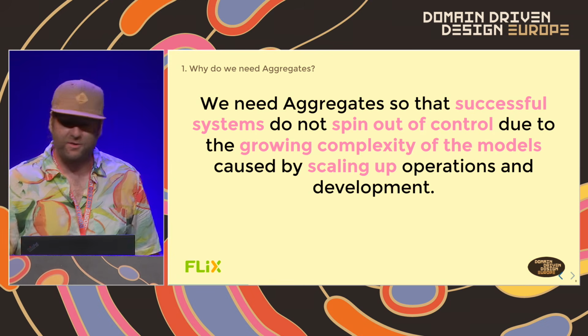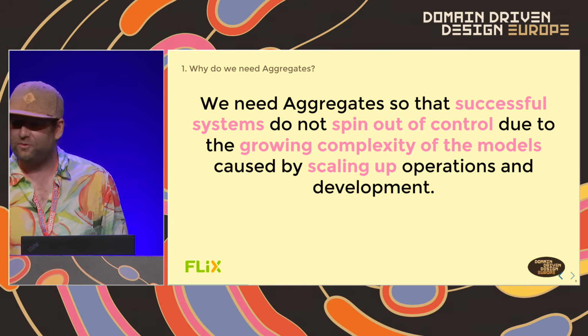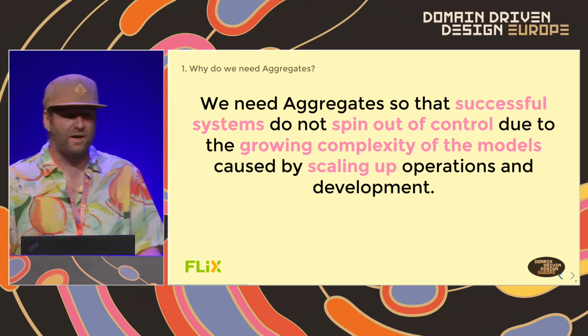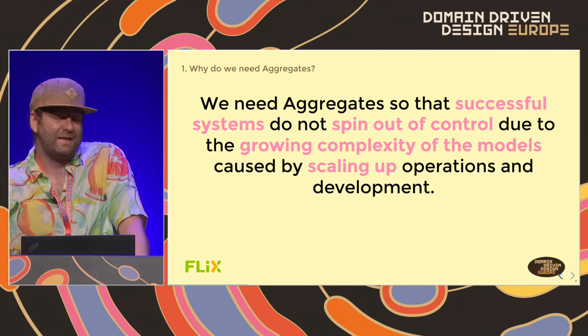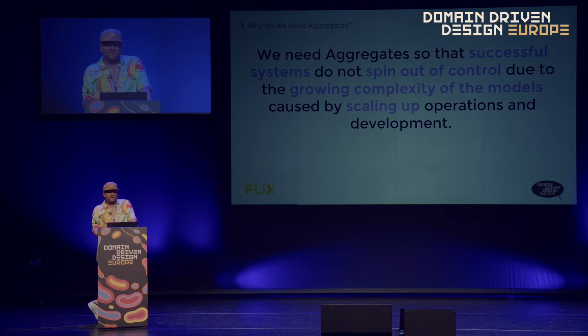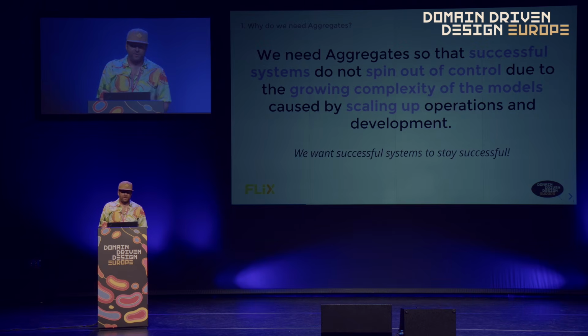You're in this box, and you get your feature requests, and we're super successful. Oh, a lot of people are using our product, and yeah, features, more features, and yeah, everything is going nice. And at some point, you say, hold on. Why is it taking 3 months to add this small little thing to the system? So we need aggregates so that successful systems do not spin out of control, right?